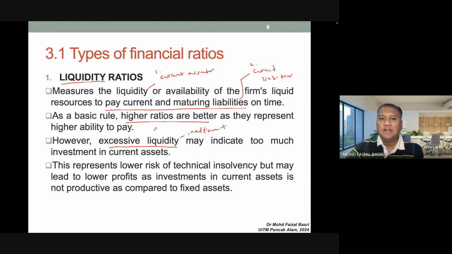Okay, so kalau kita ada terlalu banyak current assets, it can indicate inefficiency sebab kita tak boleh generate higher returns. Okay, remember current assets, low income ataupun low return types of assets.